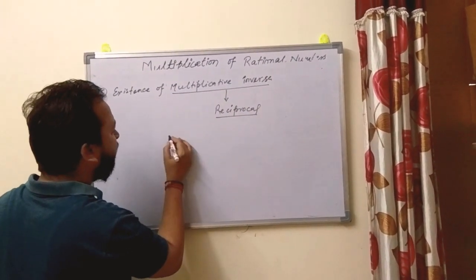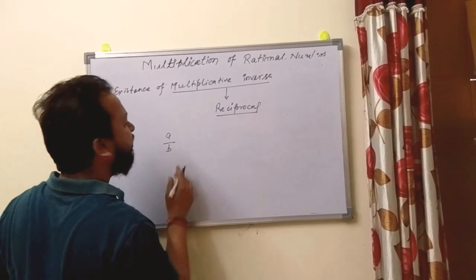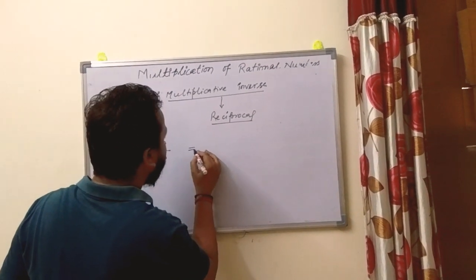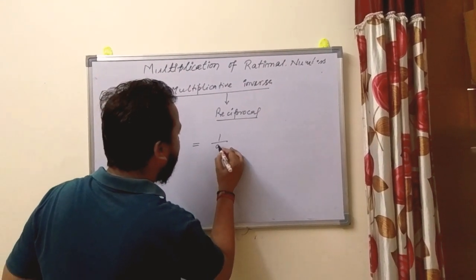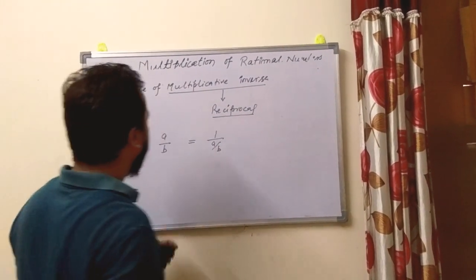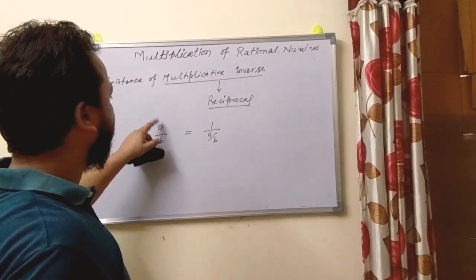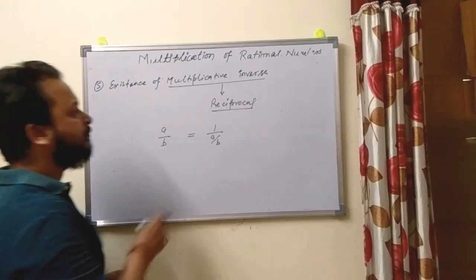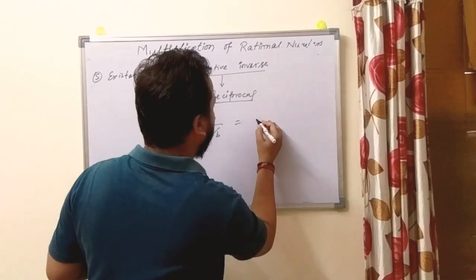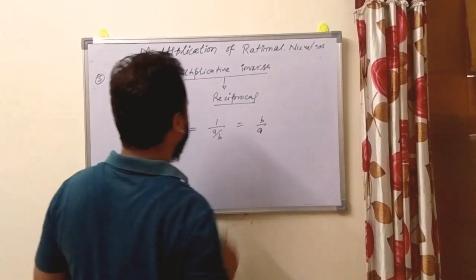If we are taking a rational number a by b, the reciprocal of a by b is, means you have to divide 1 by a by b, so here comes b by a.